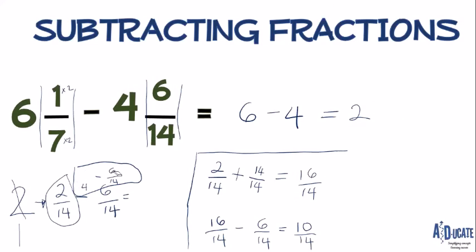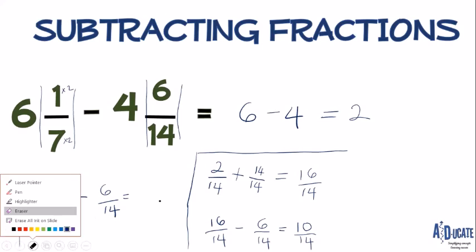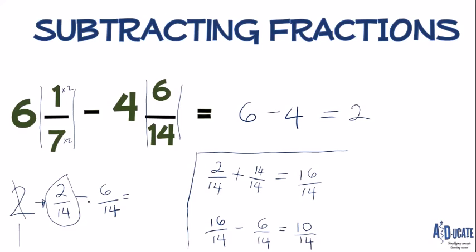When we took that, we ended up with 16 over 14. 16 over 14 was then used to take out 6 out of 14, leaving us with 10 over 14. We still have 1 whole that was not touched. So our final answer is 1 and 10 over 14.